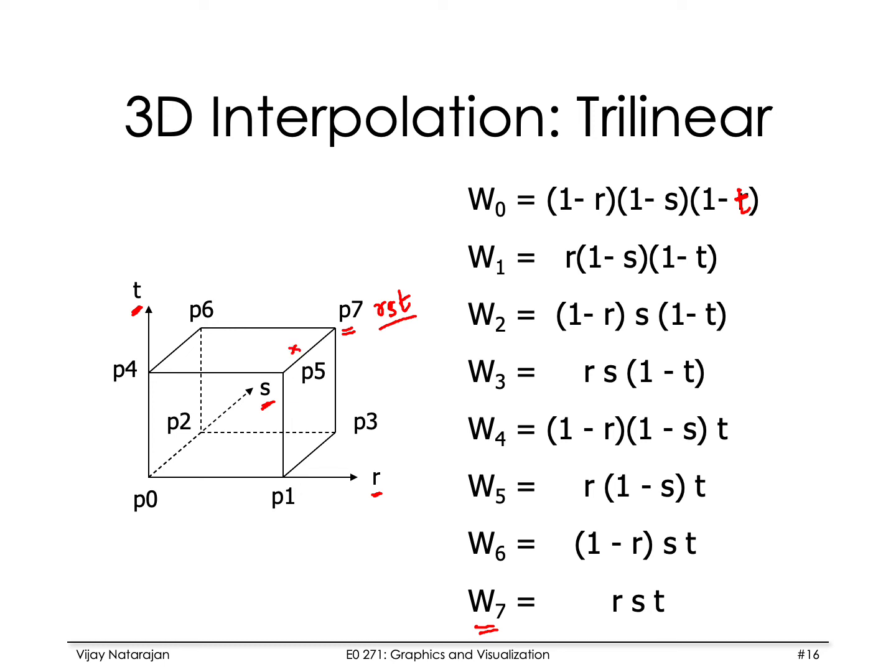So if you have any point in the interior with coordinates RST, then the weight associated with the point P7 is equal to RST. The weight associated with the point 0 is 1 minus R times 1 minus S times 1 minus T.